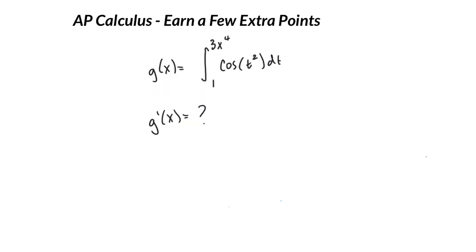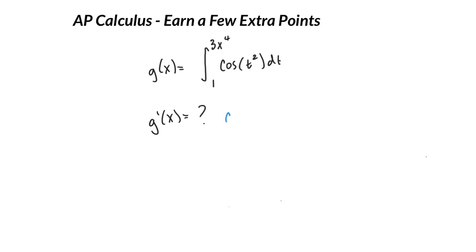Let's finish with a little fundamental theorem of calculus, part 1. If g is defined as the integral from 1 to 3x to the 4th of this function, and then you're asked, what is the derivative? Remember, a derivative of an integral is always the function inside.